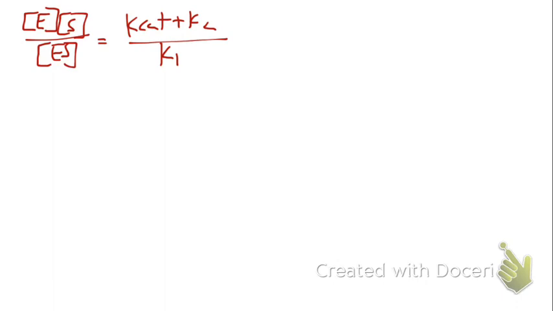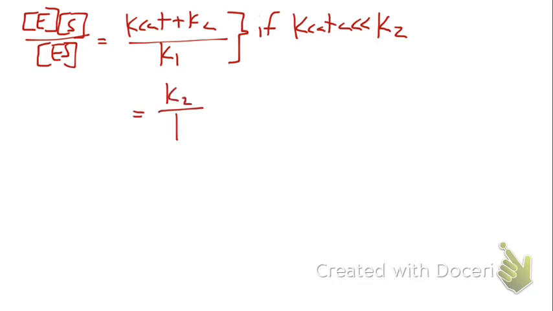So let's look at the constants first. In this example, we're going to see kcat is much less than K2. When this happens, you will get K2 over K1.